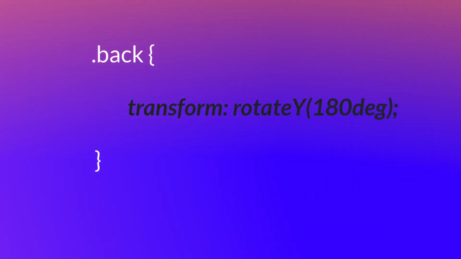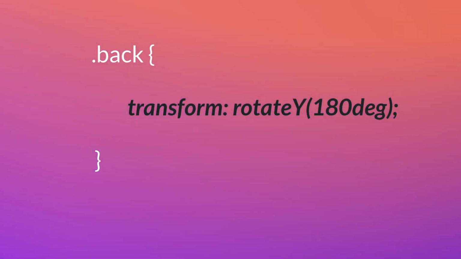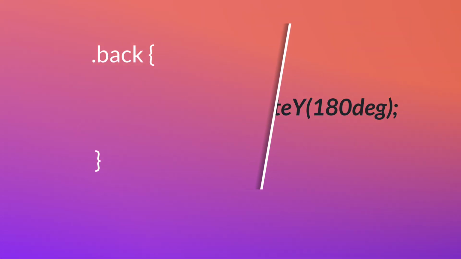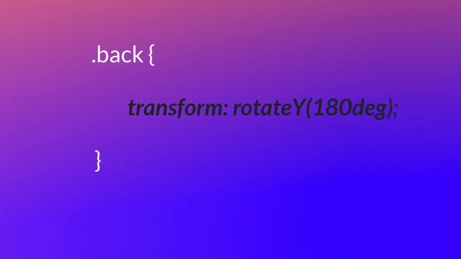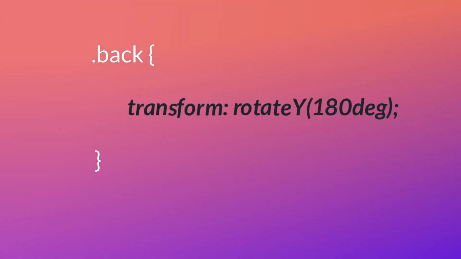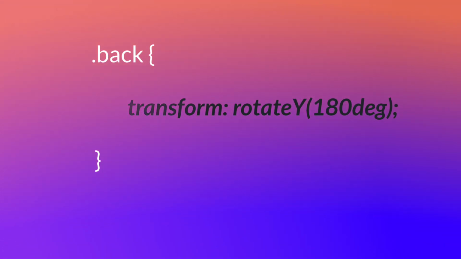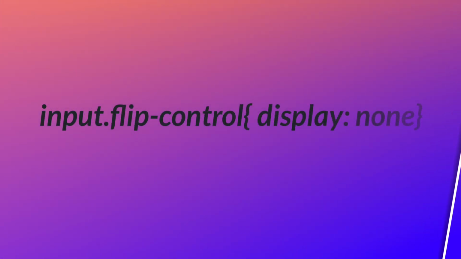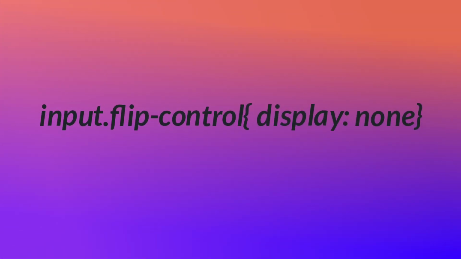Next, by default, we want the back side of the card to be hidden when it's not facing the user. Here we will add the transform: rotateY(180deg) property to the back CSS class. Next, we need to hide the checkbox by setting the flip control CSS class display to none.